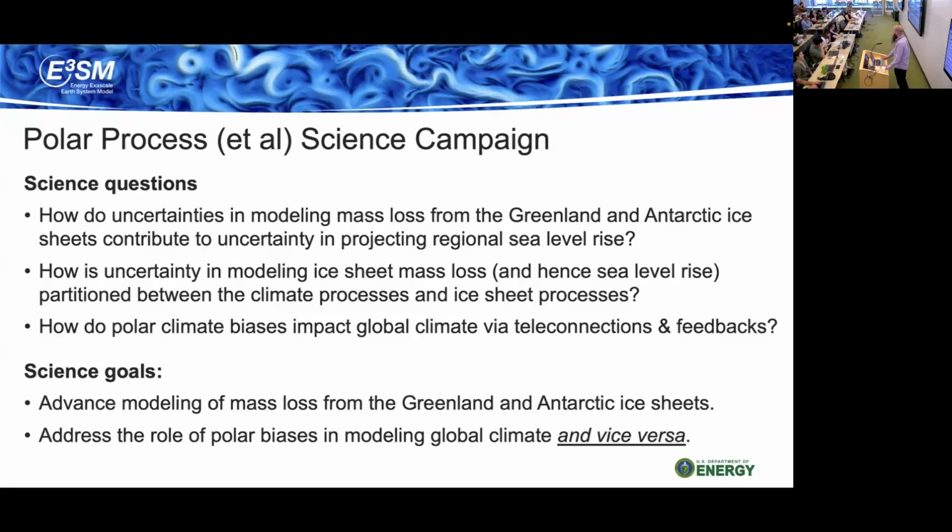So our goal is to address these questions, really advancing the modeling of mass loss from Greenland and Antarctic ice sheets, and addressing the role of polar biases in global biases and vice versa.